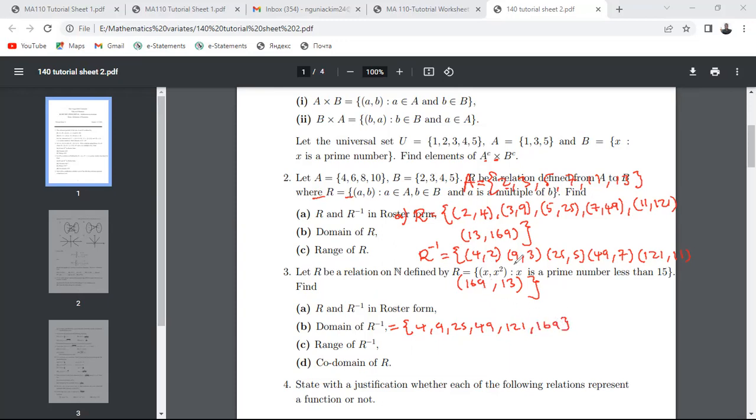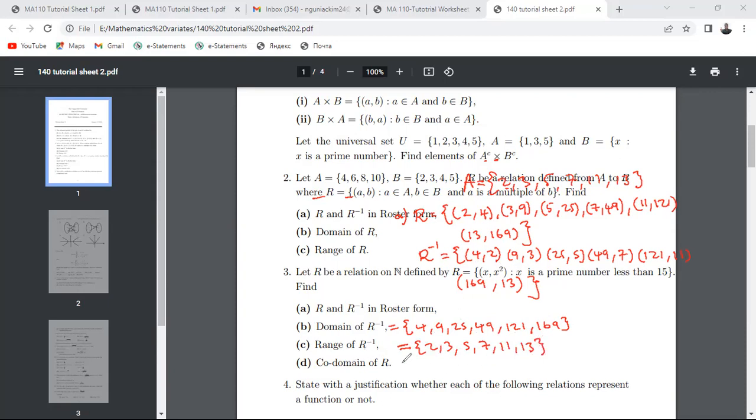So that is the domain of Hara inverse. Then the range is now the y-axis. So the range of Hara inverse will be 2, 3, 5, 7, 11, and 13.